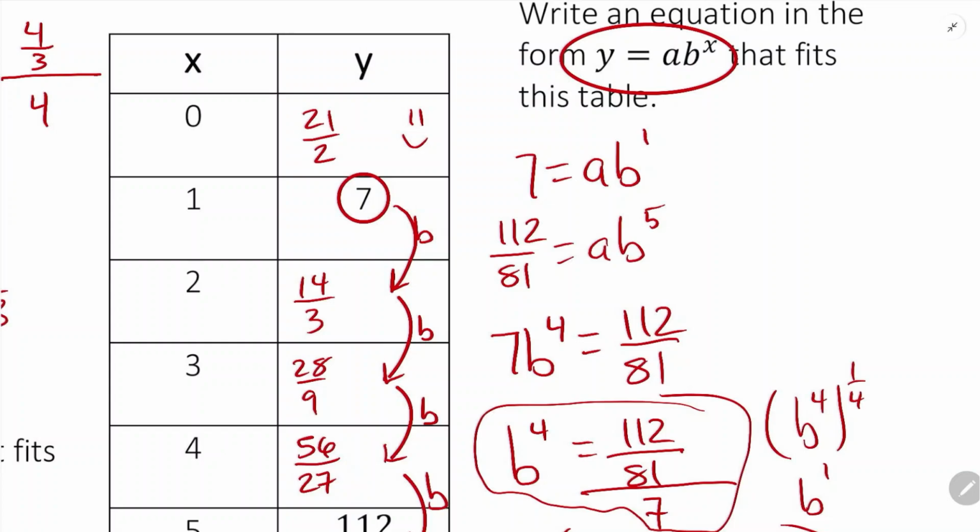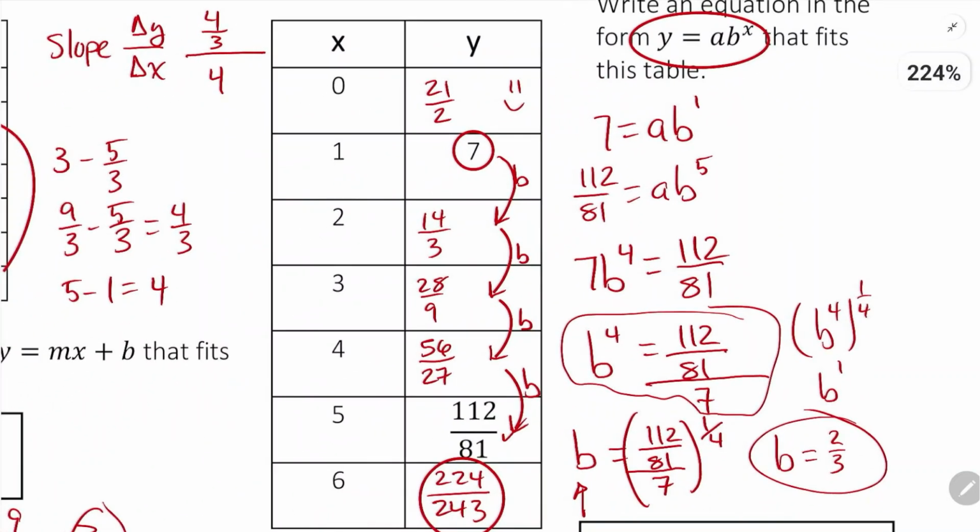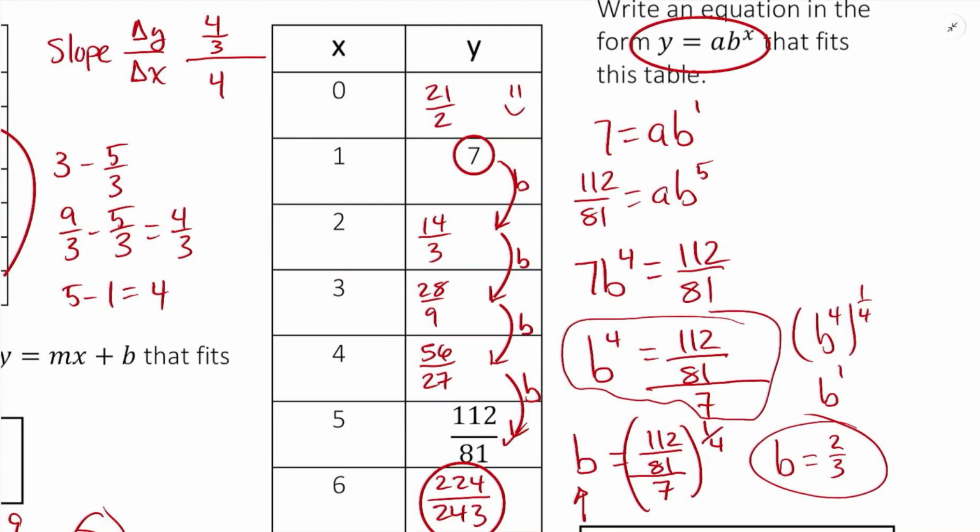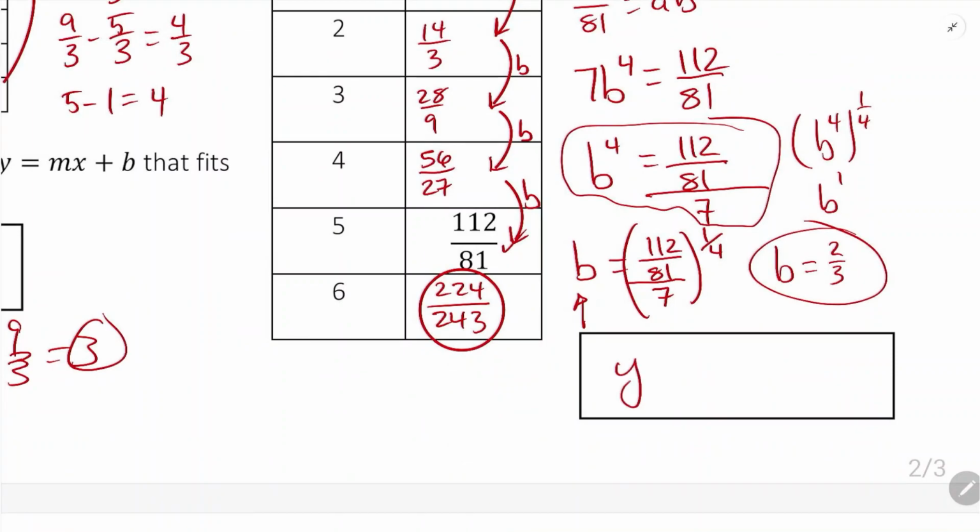So at this point, I know exactly what I need to do to go to this other representation, to go to the equation, and I'm going to write that down. I know that my 0th term is 21/2, which is a. That's what that parameter is. And I know that my multiplier b is 2/3, so I can write y is equal to 21/2 times 2/3 raised to the x power.